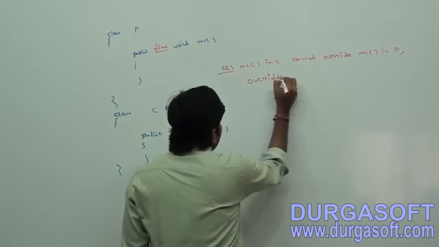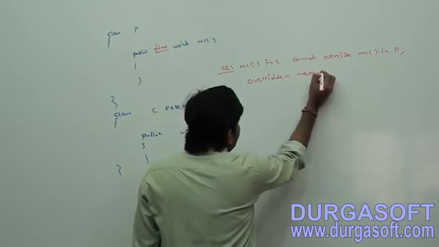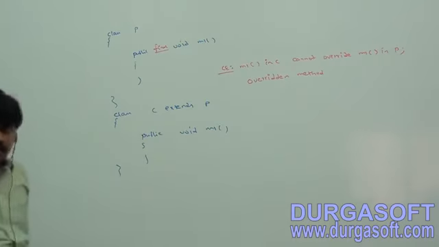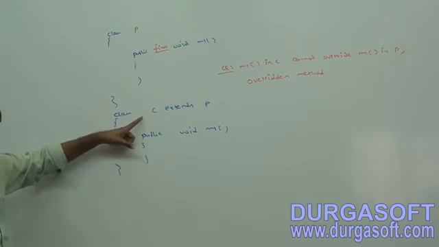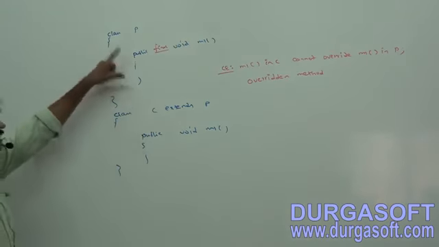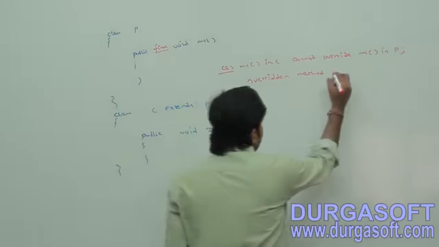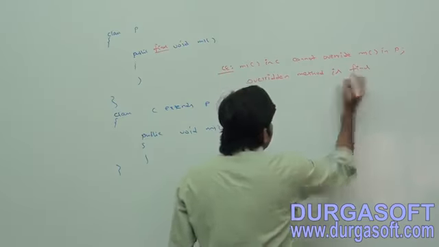Overridden method is final. Can you tell which one is the overridden method, parent class method or child class method? Parent method. The child class method is called the overriding method. The overridden method is final.